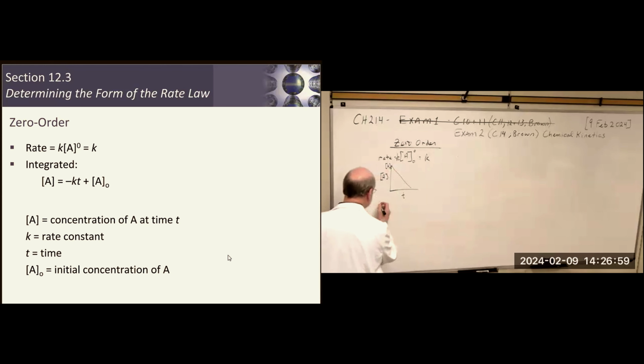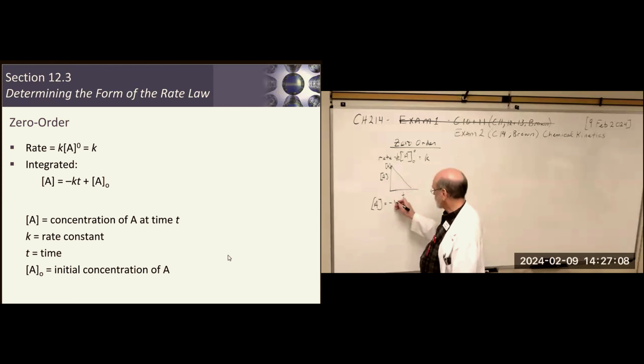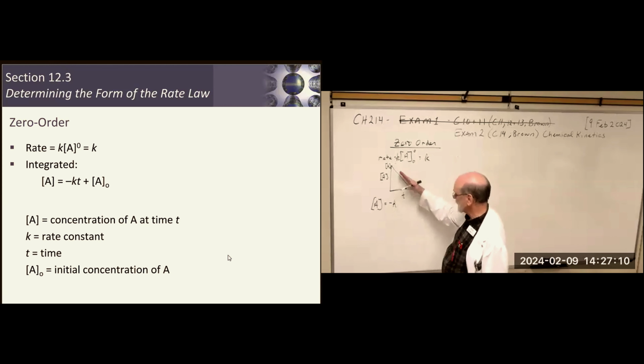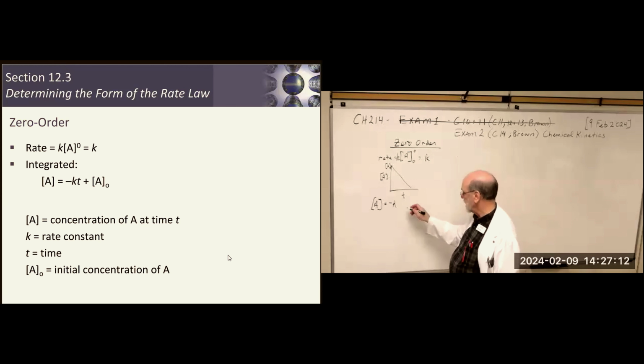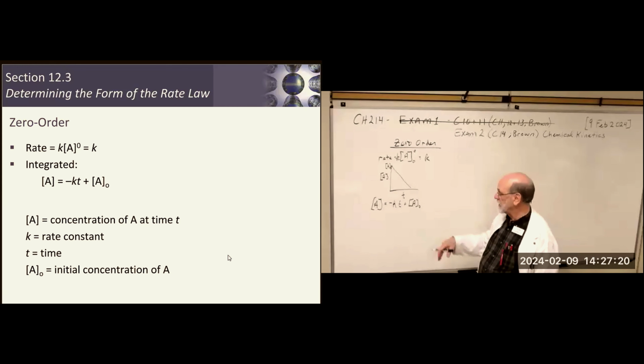We find that at any time t, we can calculate the concentration of A if we know k, which will be a minus because that's a negative slope, times t, plus the initial concentration of A. That will be our integrated rate law.